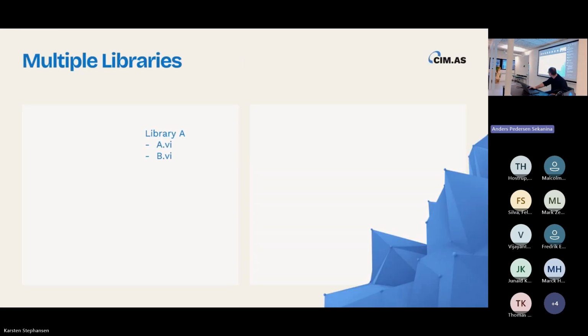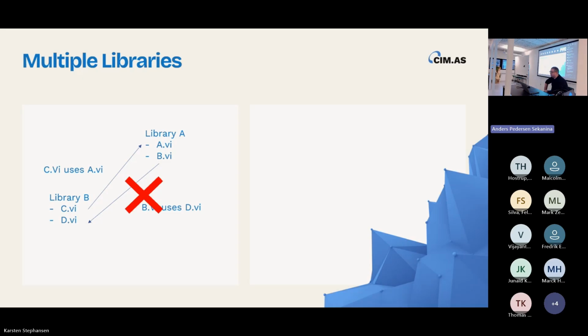So yeah, multiple libraries. You can have one library, and I can have another library with two VIs. You can have a VI C that uses VI A from library A. I have seen this one also: then VI B from library A uses VI D. Don't do that.